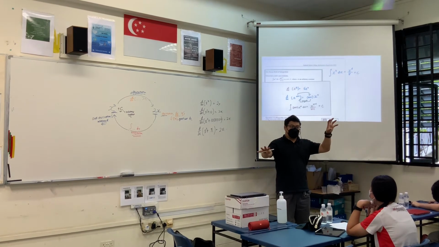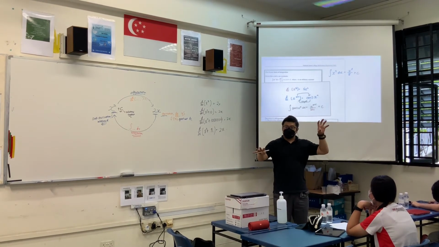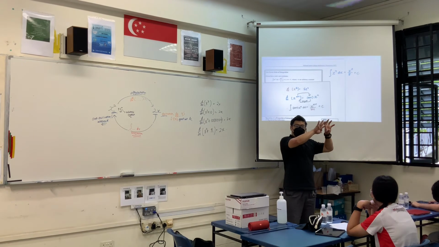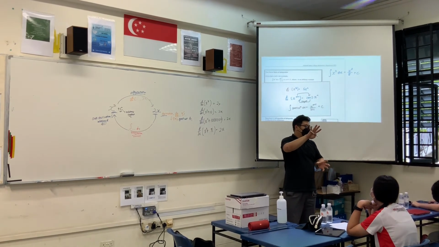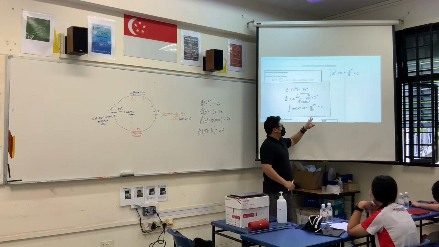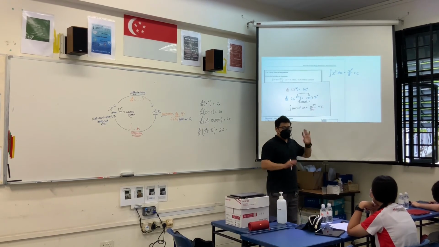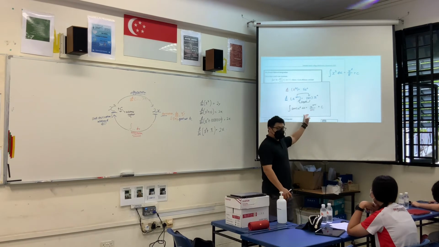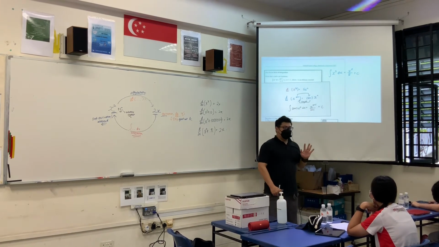In integration, increase the power by 1, divide by the power. It's just like a reverse order of power. Today we are just learning this. Very easy one. You can master this, you are successful already.